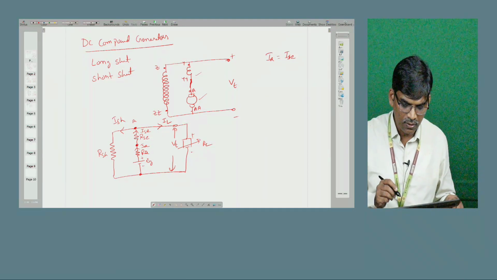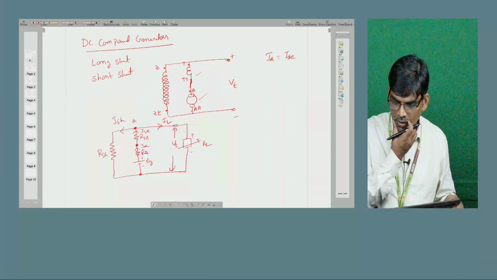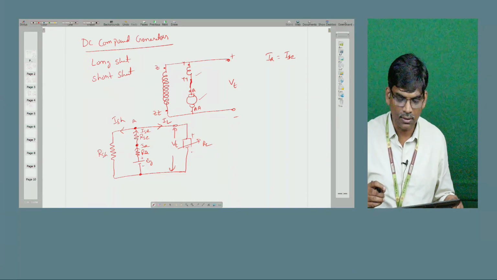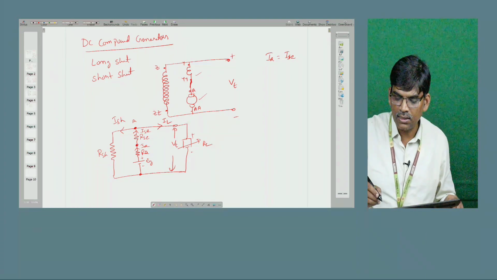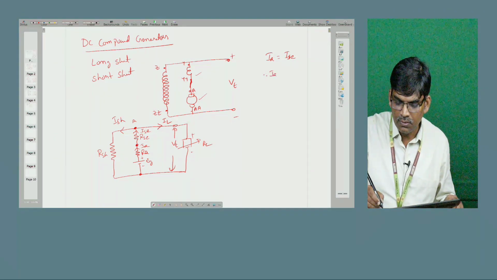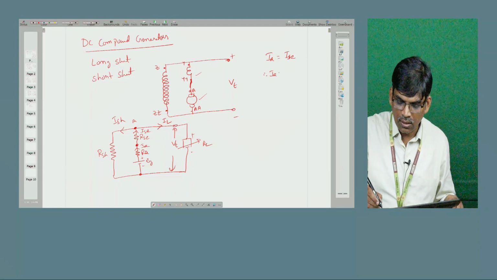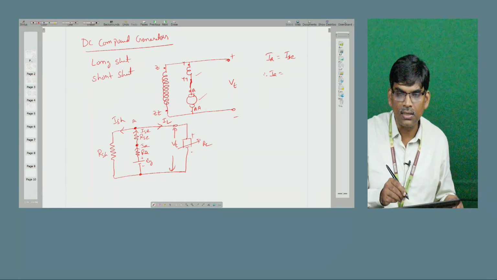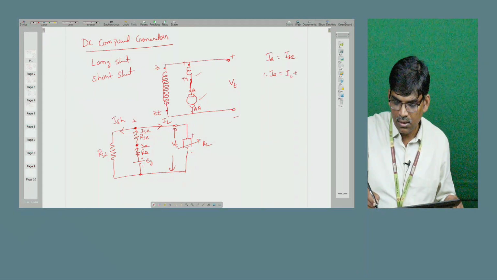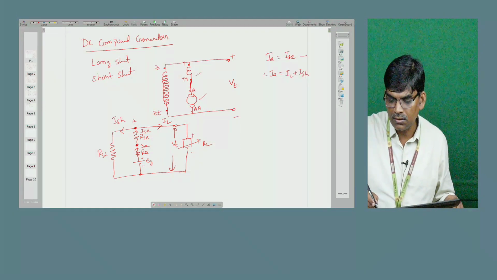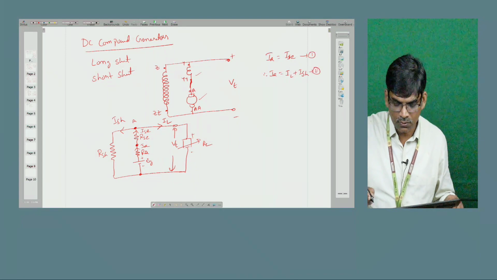and we apply the KCL junction law at junction A here. According to the junction law, ISC is equal to IA, and IA is equal to the entering current, which equals the leaving current at that junction, so IA is equal to IL plus ISH. This is another equation, equation 1 and equation 2.